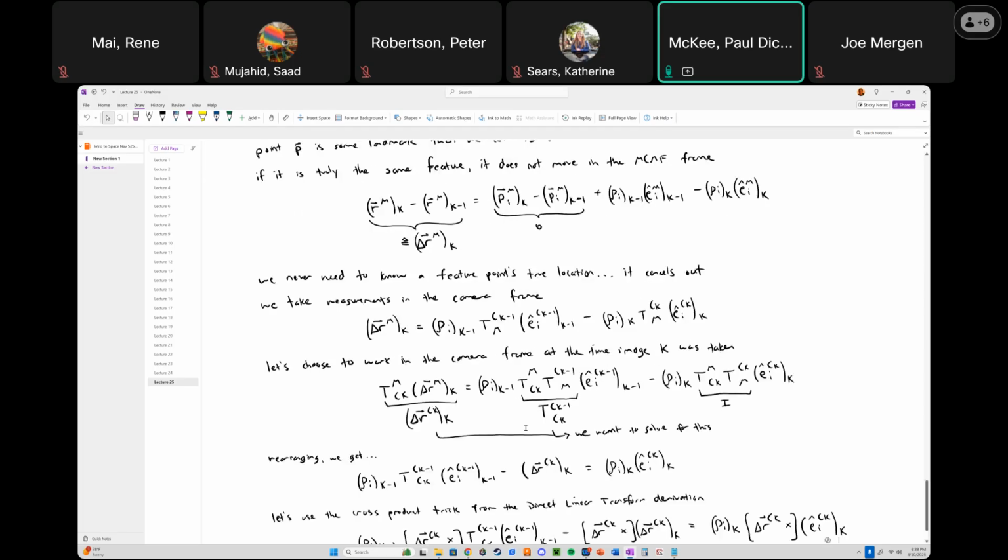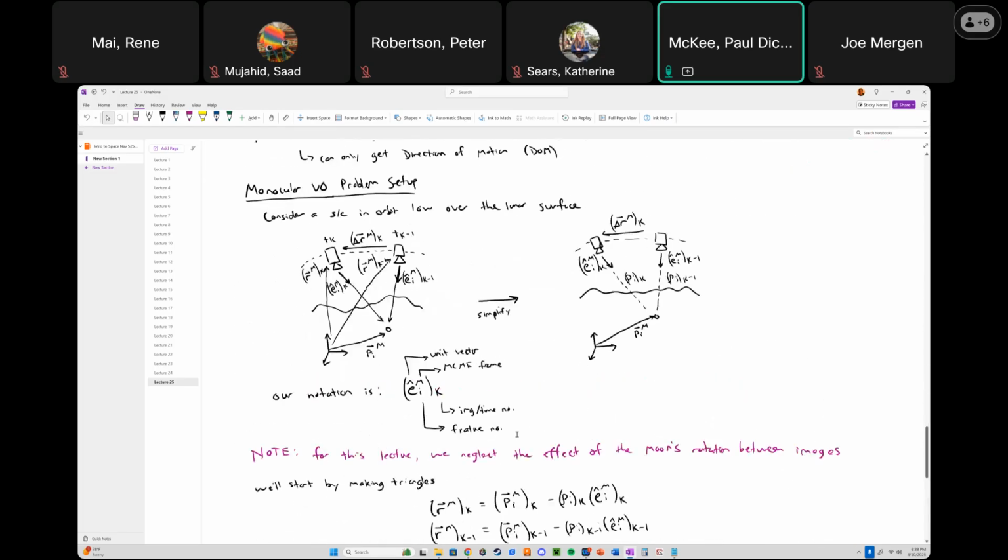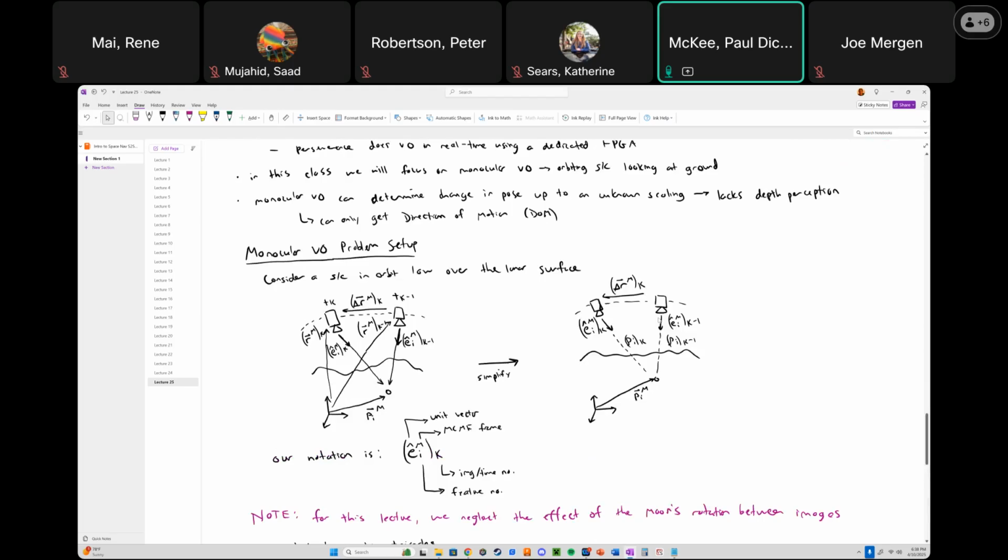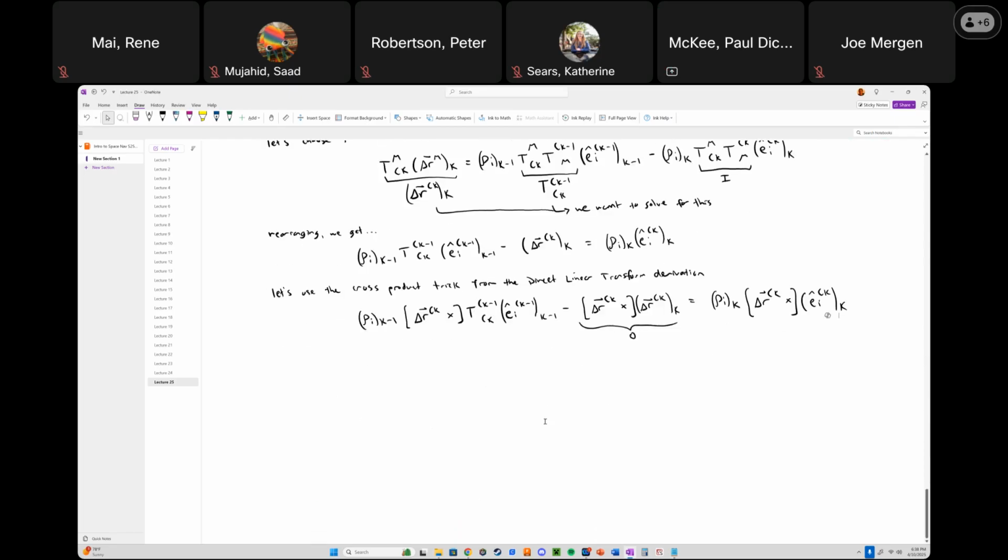That's a triangle, right? This is kind of a little bit busy here, but we've got this vector and this vector form a triangle. So we can actually leverage that triangle here to make our math a little bit simpler. The three vectors in question are coplanar.